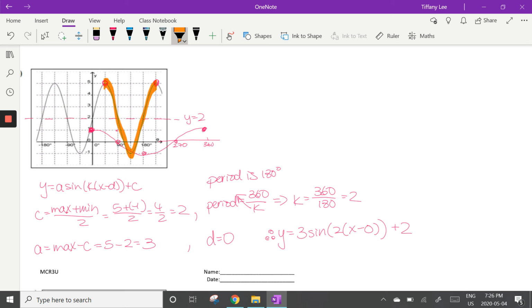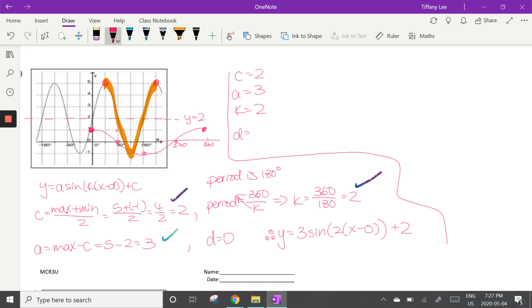If we take a look at the previous example we did in the other video, notice that c, a, and k are all the same. The only difference is our horizontal translation, or left and right. So in our cosine graph, c is still 2, a is still 3, k is still 2.